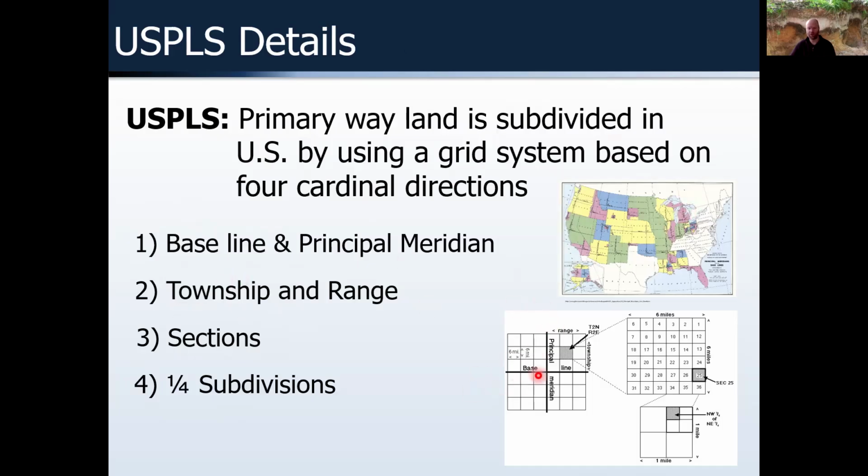Then it moves where townships are sequentially getting larger north and then south of that baseline. Townships run north and south, and ranges run east and west of the principal meridian. So you're gridding into, for example, Township 1 north, Township 2 north, and then this would be Township 1 east and Township 2 east.